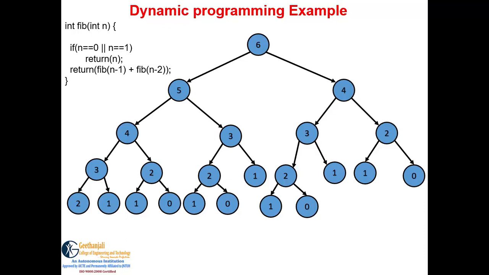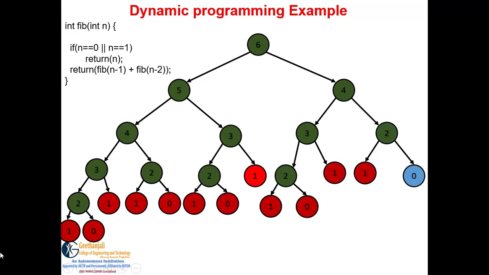The functions are called following depth first search. It starts with Fibonacci 6, 5, 4, 3, 2, 1 like this. One by one it calls all the functions recursively to find the value of Fibonacci 6. These are all the function calls with their values.